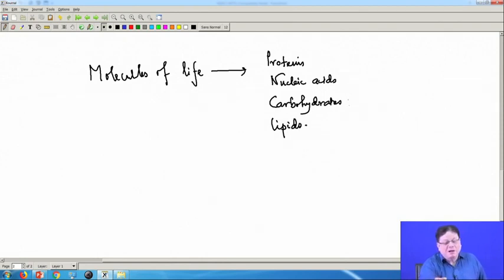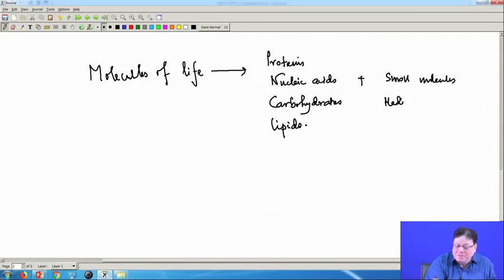But remember, these are the large macromolecules. Alongside, we have small molecules and also medium sized molecules.